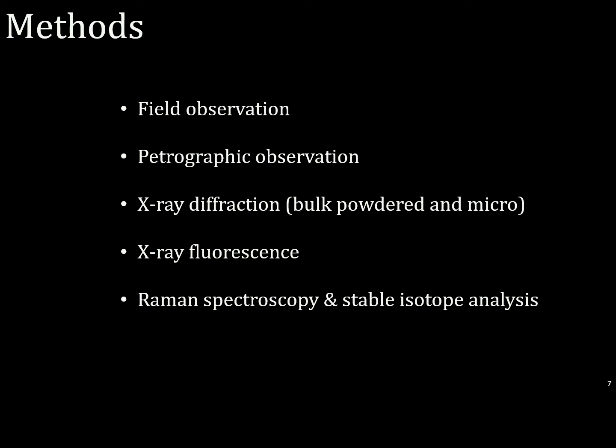Having done that, we did X-ray diffraction, both bulk powdered and micro being in situ, where we shoot X-rays at a thin section, a polished thin section that's about a 30 micron thick slice of rock, and we can elucidate what minerals are in the rock from the diffraction of those X-rays. We also did X-ray fluorescence, which is how we get bulk chemistry of the magma from basalt samples.